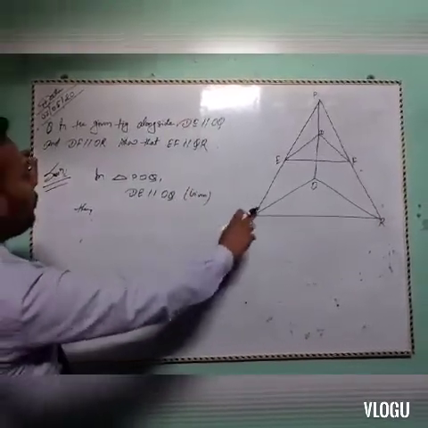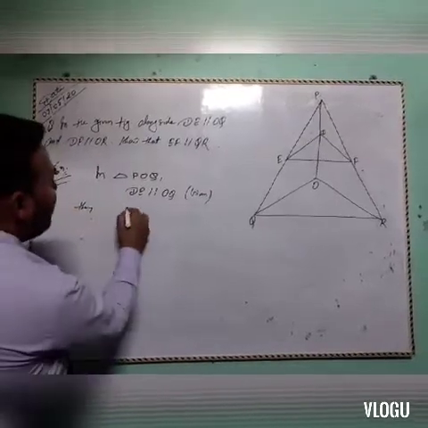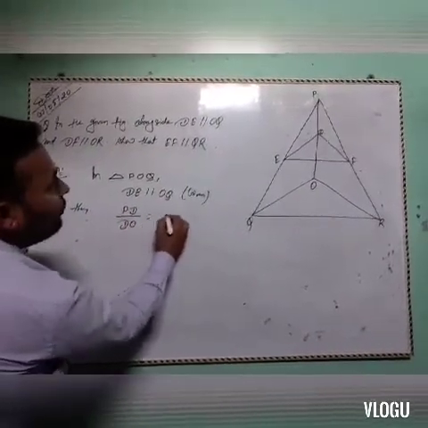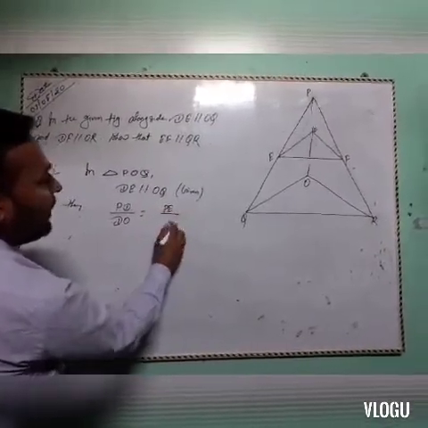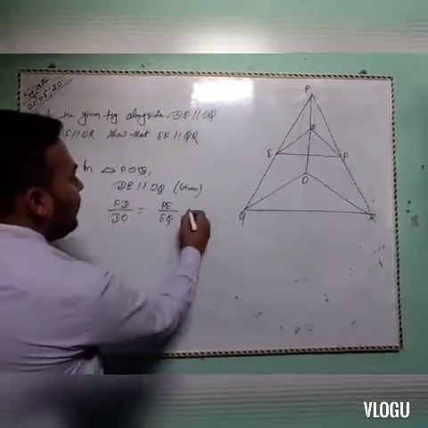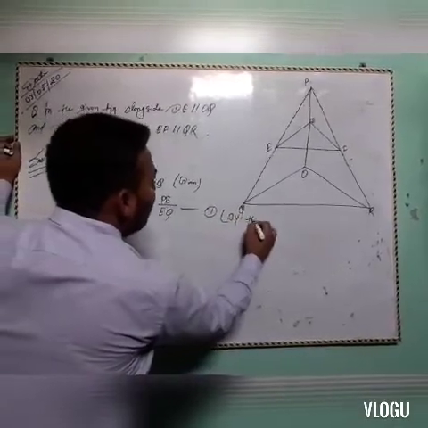So we say that PD by DO equals PE by EQ. Equation first, by Thales theorem.